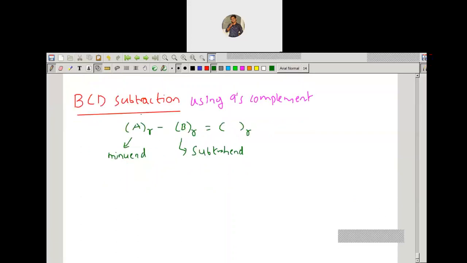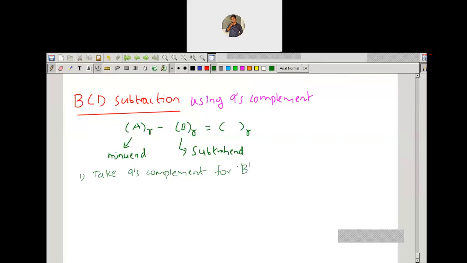The steps are here. I'm writing the steps here. To perform the BCD subtraction, you have to follow these steps. First step is take nines complement for the subtrahend. What is the subtrahend here? Subtrahend is the b.